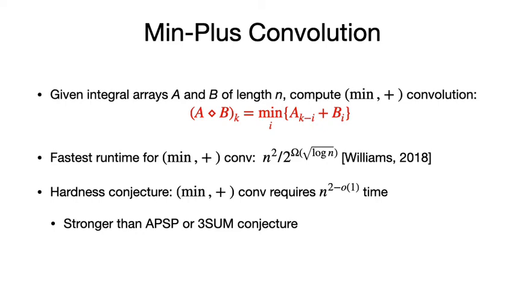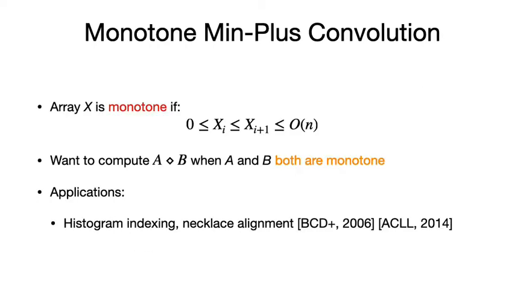It is believed that no truly subquadratic time algorithms exist. In the monotone setting of min plus convolution, we assume that both input sequences are non-decreasing and bounded by order n. This problem has applications in many other problems, for example, histogram indexing and necklace alignment.